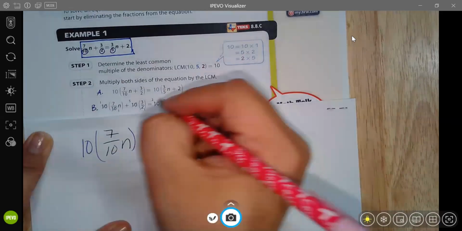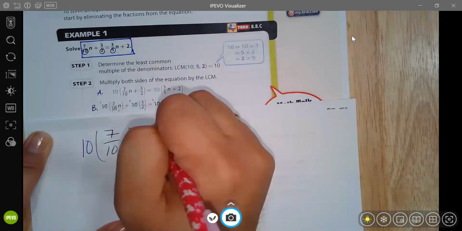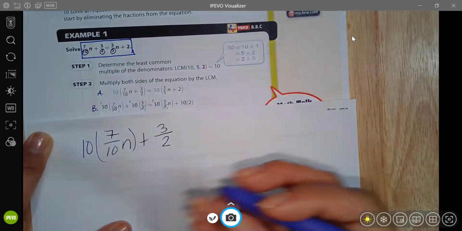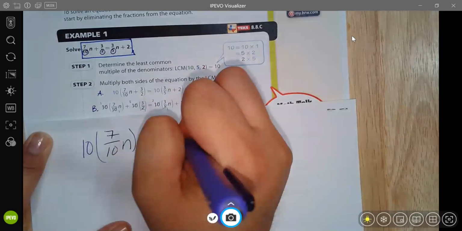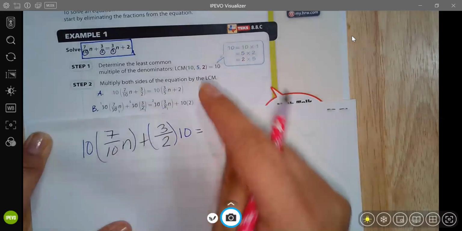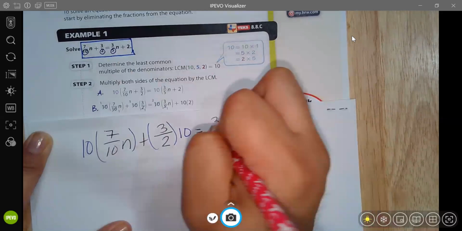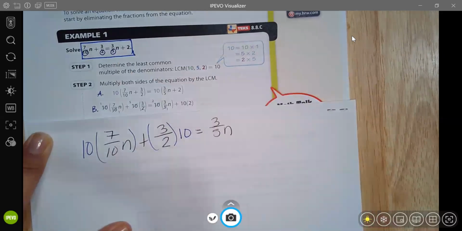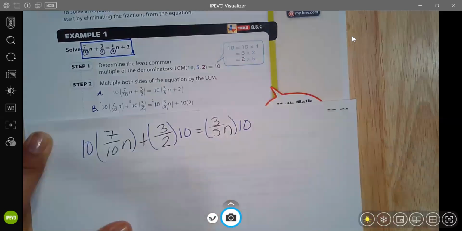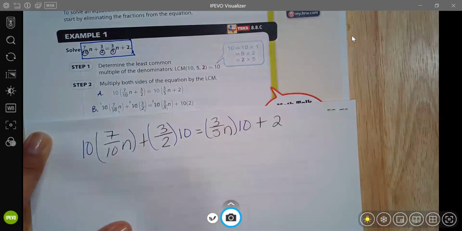Plus the constant, 3/2 or 3 divided by 2, and I'm going to multiply it by our LCM. There's our equals, and I'm going to work with the side on the right, 3/5 n, and we're going to take that term and multiply it by 10, plus 2 and multiply that by 10.